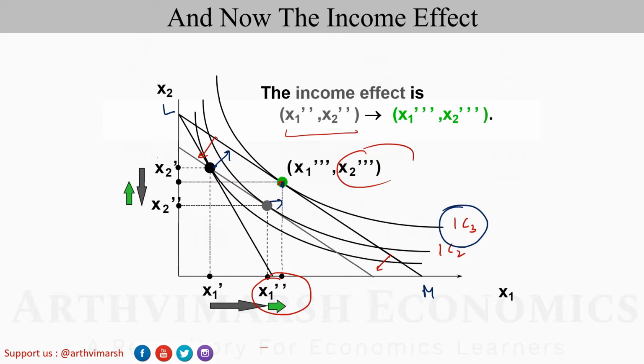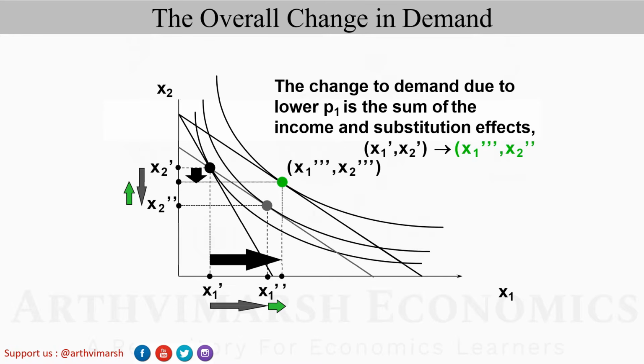And x2 has also gone up relative to IC2. So a change in demand due to a fall in the price is the sum of two effects, the income and the substitution effects, which are highlighted here in the figure as well.